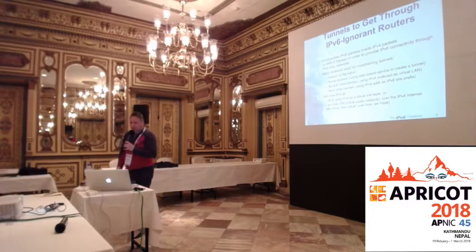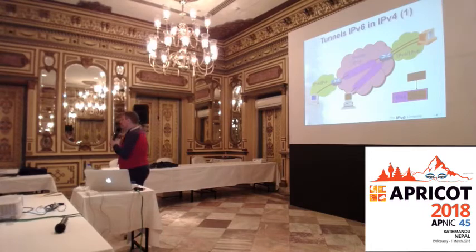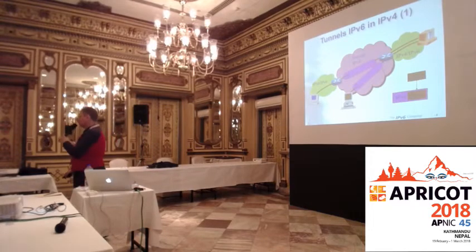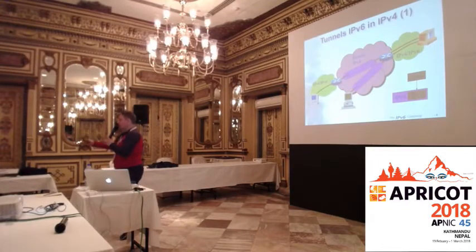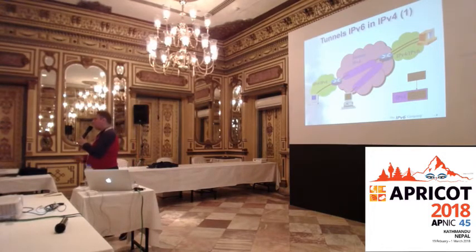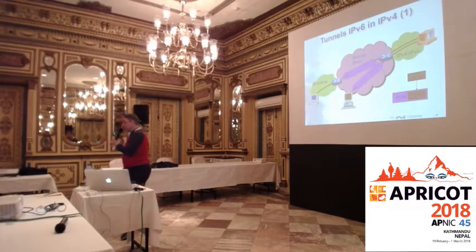Now, the simple one. Let's suppose we have an IPv4 only ISP, but we have two networks, two edges, that already have dual stack inside. And we want, through this IPv4 only ISP, to communicate end-to-end with IPv6.